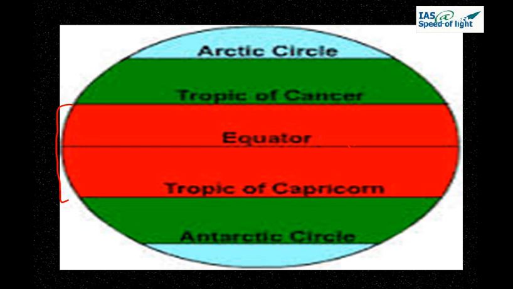Then we saw another set of parallels, which are 66.5 degree north and south, the Arctic Circle and Antarctic Circle, which form the full extent for the oblique rays of the sun. So this becomes the oblique rays of the sun, and this part we join to show the extent for the darkness and for the daylight during summer and winter solstice.